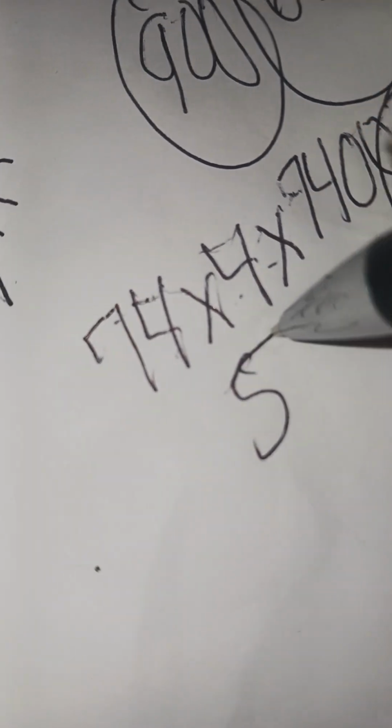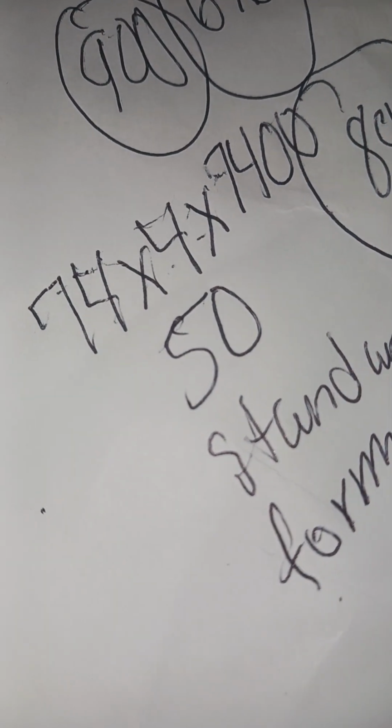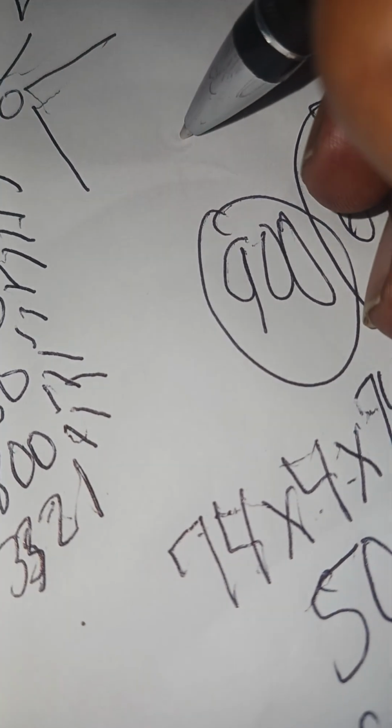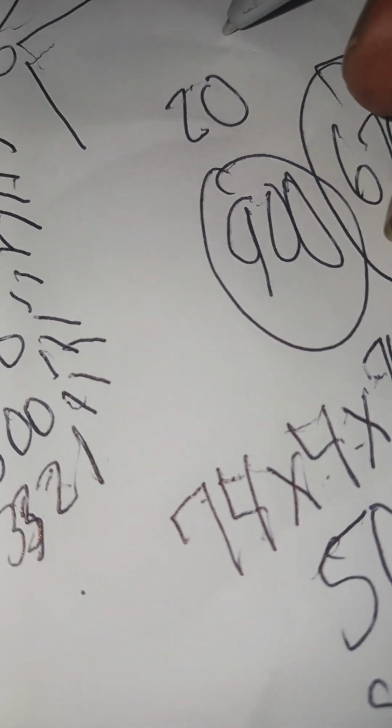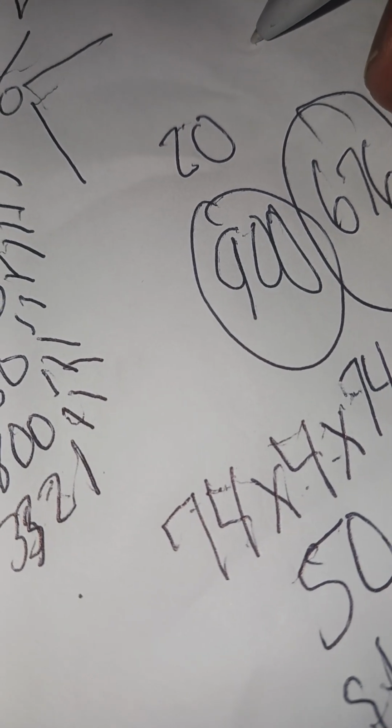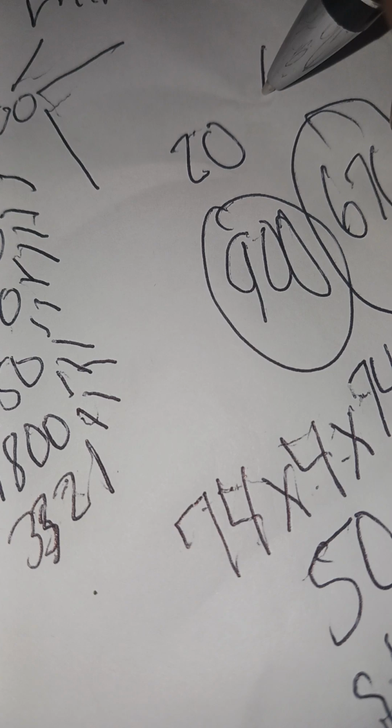So, at this time, you're just seeing what competes the best. Is it going to be a 50 that makes it standard form? Is it going to be standard form, or is it going to be analytical form, which is 20?